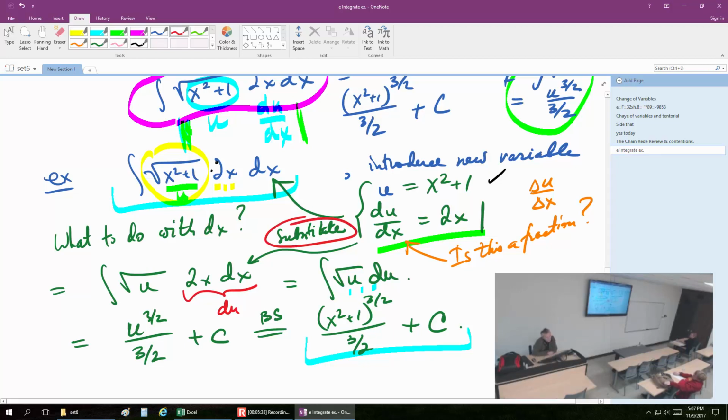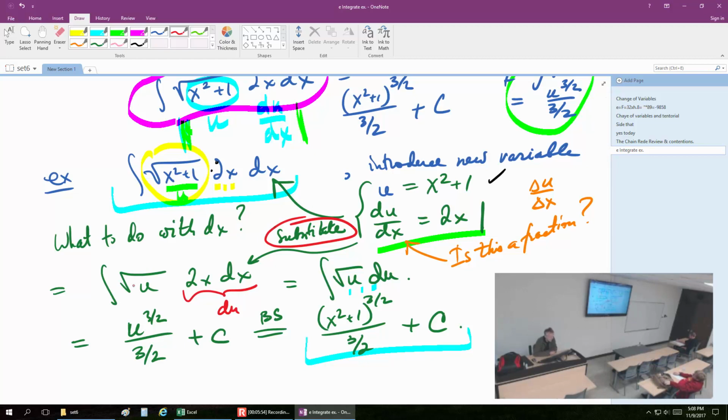Two things are being substituted. First, the variable itself, which is very standard: x squared plus 1 we set equal to u, and now we replace x squared plus 1 with u.